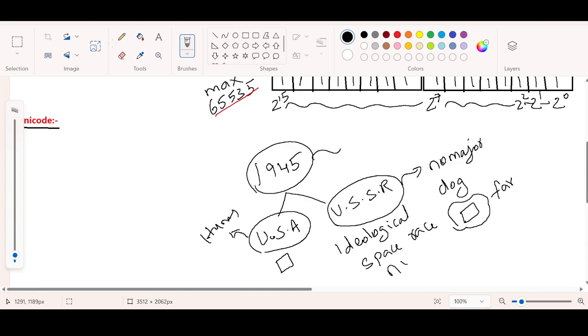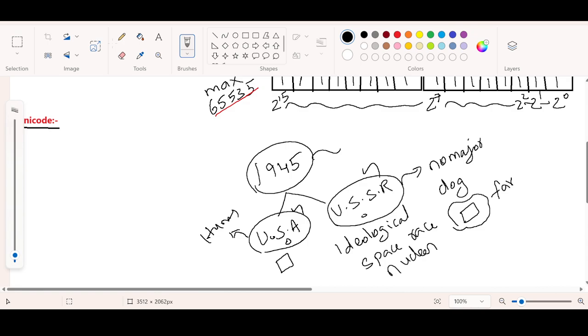There was a nuclear arms race, and they also fought for power. The USA wants to dominate in the European region, and the USSR also wants to dominate in the European region. How can domination happen? The technology that they possess is going to dominate, right?